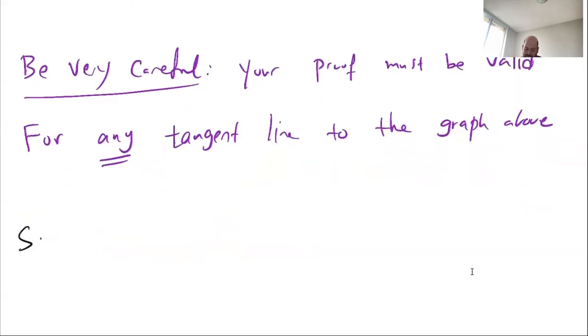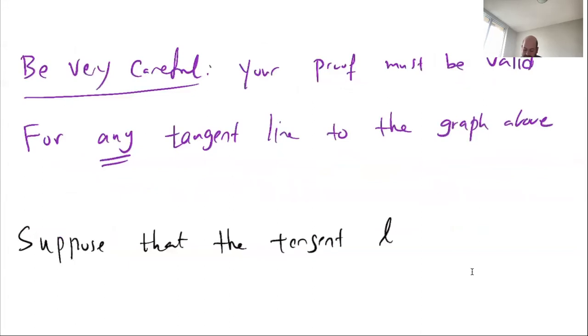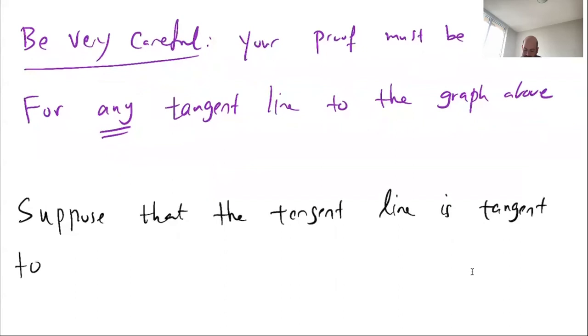So now the argument is as follows. Suppose that the tangent line is tangent to the graph at, let's say, x equals x0. Okay, so this is the important part.